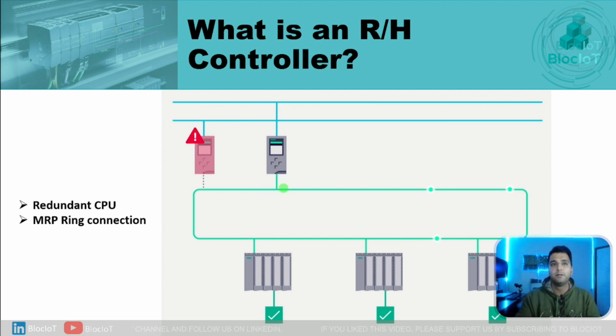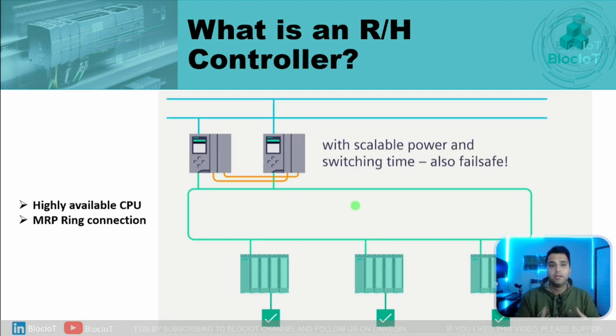In this example, as you can see, there is only a Profinet line between these two CPUs, and that's how they send messages to each other in case something goes wrong, or when the faulty CPU is recovered. We can still improve this architecture by utilizing fast communication links such as an optical network to minimize the hiccup when one CPU fails and the other CPU takes over.